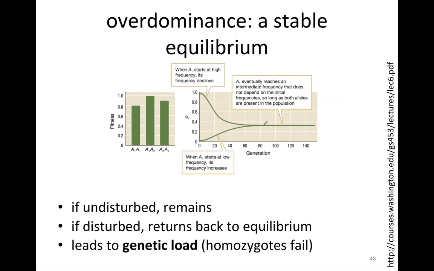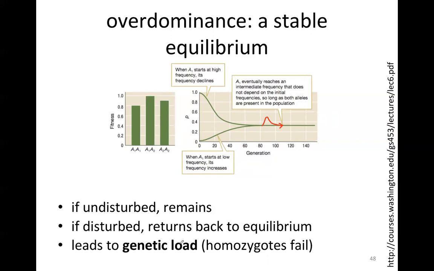If it is disturbed, meaning the frequency of one of the alleles increases for whatever reason, it could be by migration, could be by drift, for instance. Selection would push it back to the same level as long as the same fitness coefficients remain.